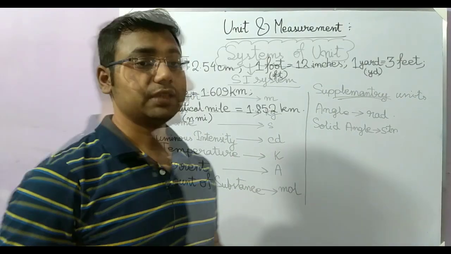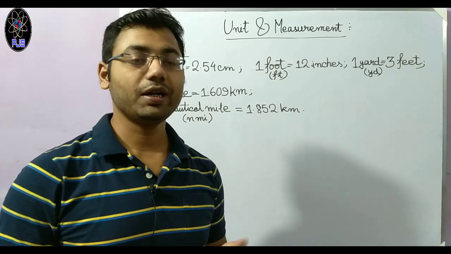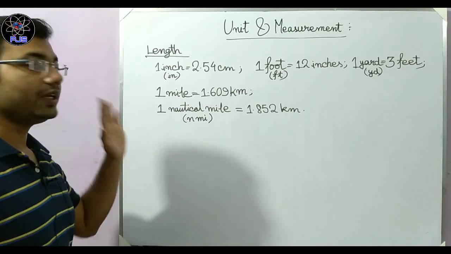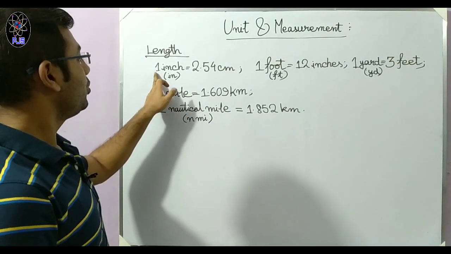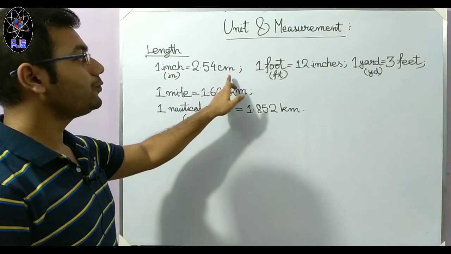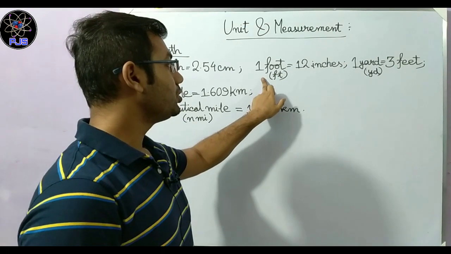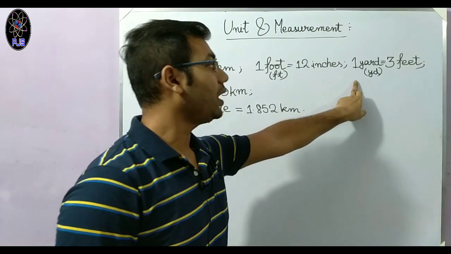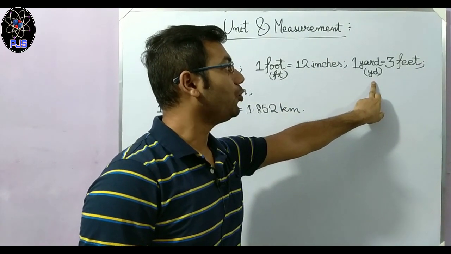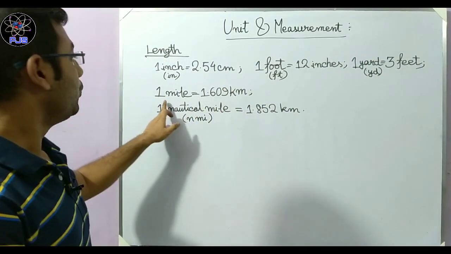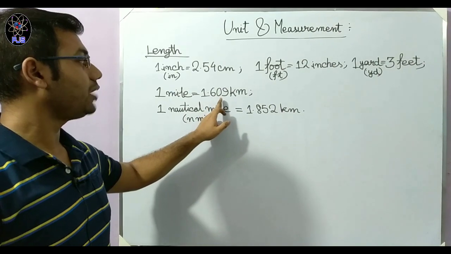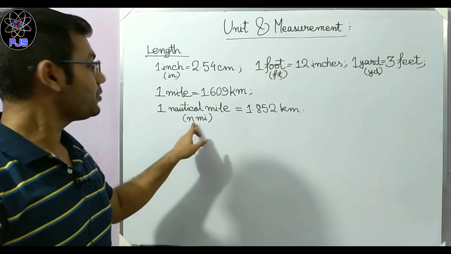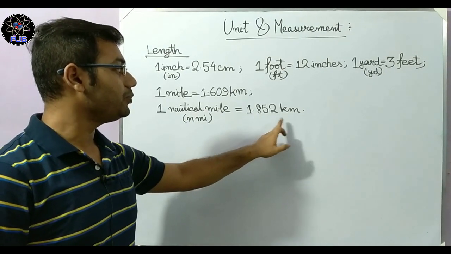Okay, the next thing is some types of measurement which are very useful in our daily life: inch, foot, yard, mile, nautical mile. Now 1 inch equals 2.54 centimeter. 1 foot, denoted by small f small t, equals 12 inches. 1 yard, denoted by small y small d, equals 3 feet. 1 mile equals 1.609 kilometer. 1 nautical mile, denoted by small n small m small i, equals 1.852 kilometer.